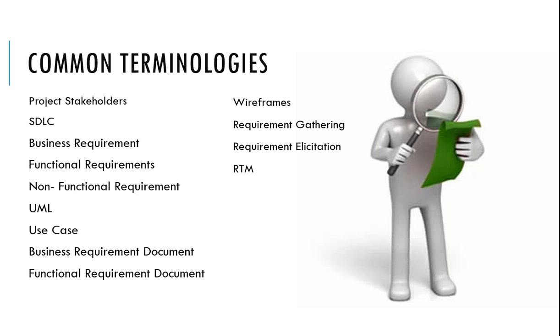Let's say, for example, you have a printer at home. The simple functionality would be that you give a print command, and the printer is printing the pages that you want to print. Now a functional requirement is that you click on the print option, decide the number of copies. You want to print 5 copies, and then you say OK or print. The system prints. That's a functional requirement.